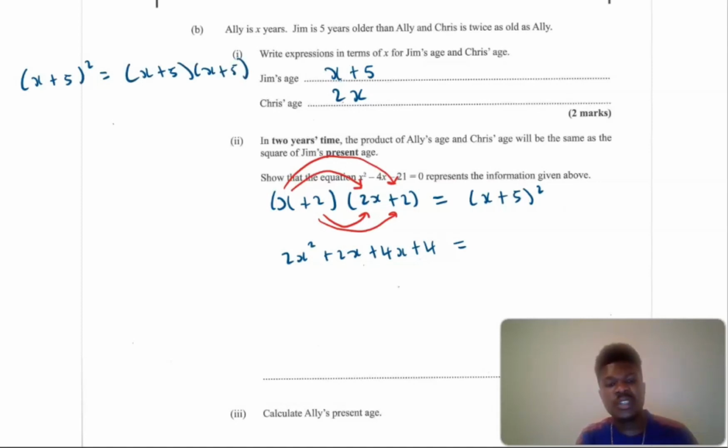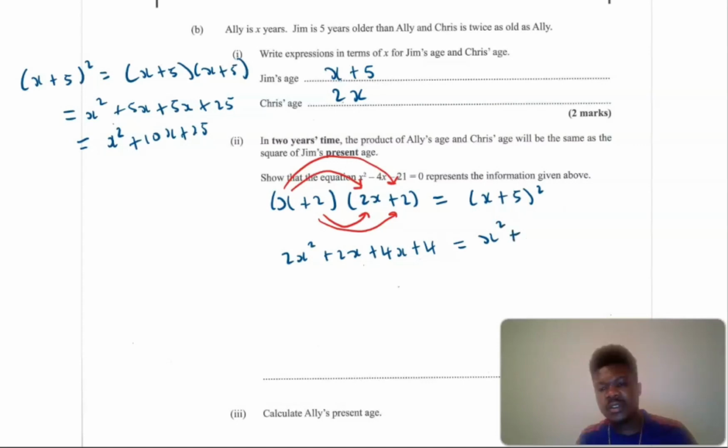Square means you multiply by itself. X times x is x squared. And x times 5 is 5x. 5 times x is also 5x. And 5 times 5 is 25. If we simplify, we're going to get x squared plus 10x plus 25. So this is x squared plus 10x plus 25.